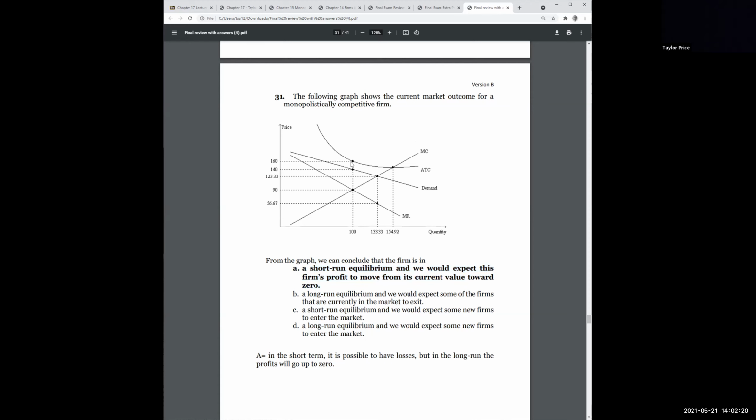Interesting, because this firm is definitely making a loss in the graph that they give you, which is not helpful. Basically the price that they're charging in the market is 140, but their average total cost is 160, so they're losing $20 per unit sold.